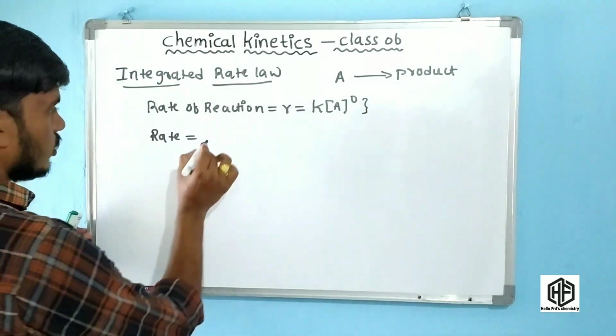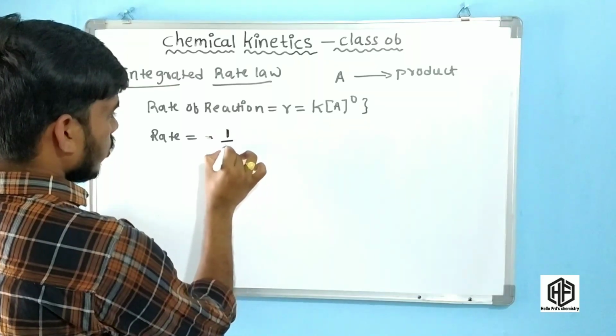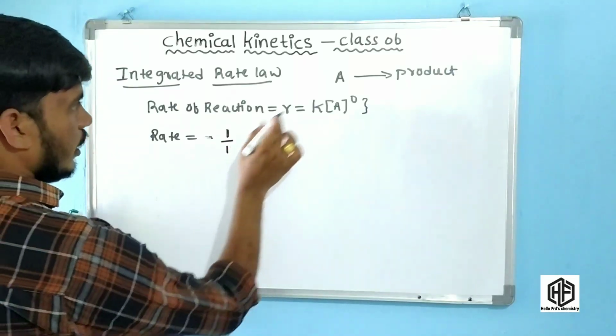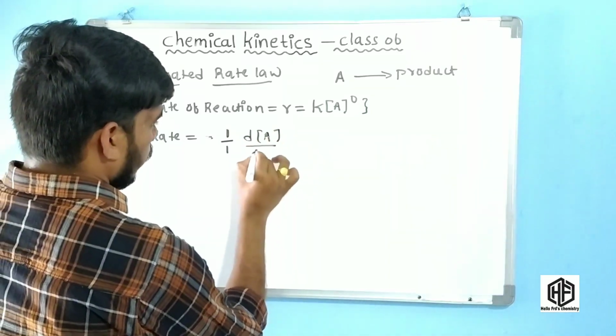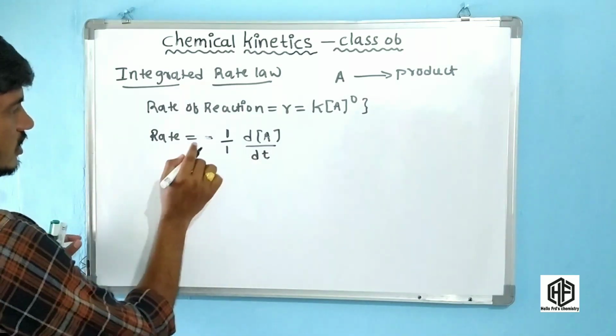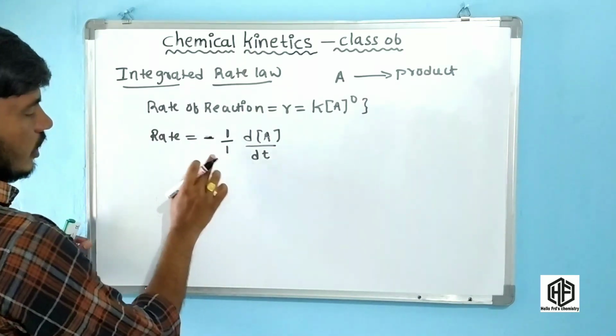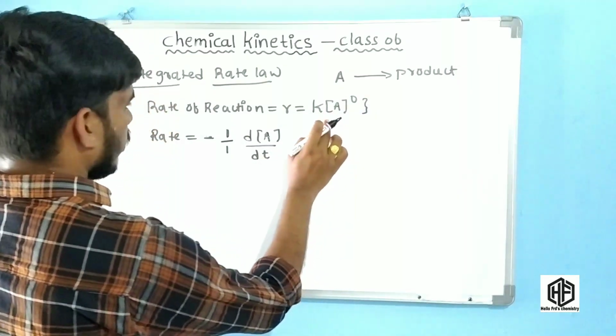In my previous class I discussed that the rate of reaction is minus 1 by 1, the stoichiometric coefficient, into change in concentration of A by change in time. The negative sign is present because A is a reactant. This is the rate of reaction.